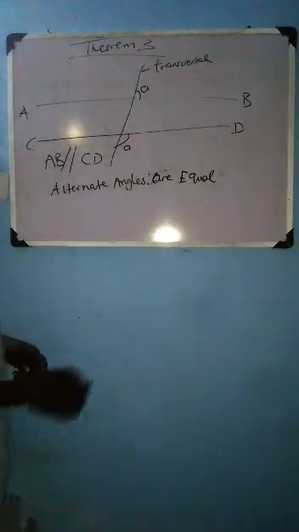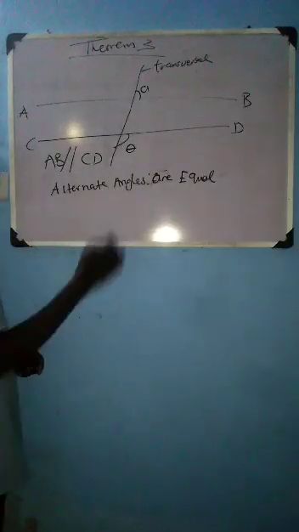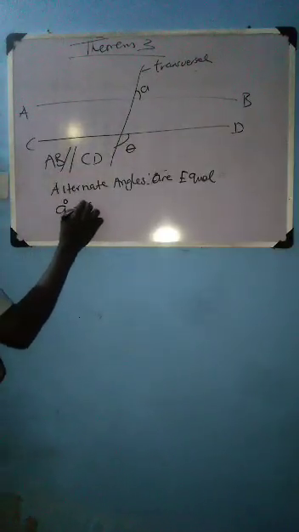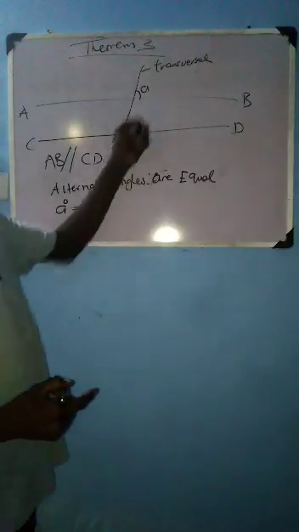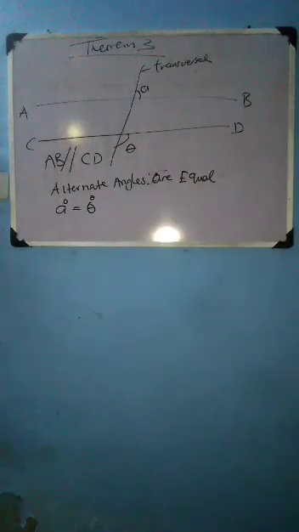So for this one, angle A, let me name this theta. So angle A degrees is equal to angle theta degrees. Why? They're alternate angles, opposite direction. Okay, that's what I'm saying. Alternate angles.